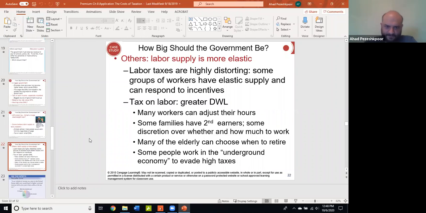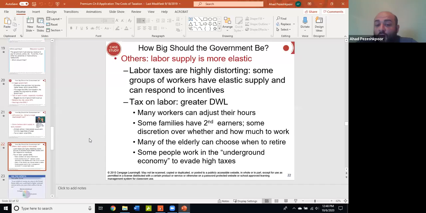So many of the elderly can choose when to retire. People who are approaching retirement have a decision to make. And if the government has a really fancy retirement program paid by labor taxes, the government is actively pushing people to retire, which could be not really good.